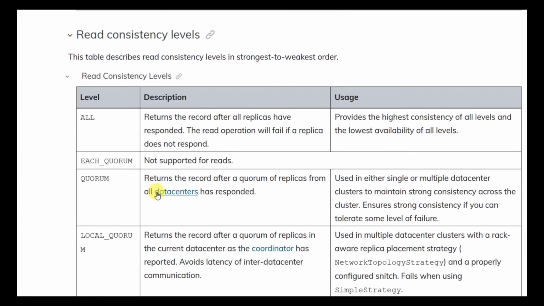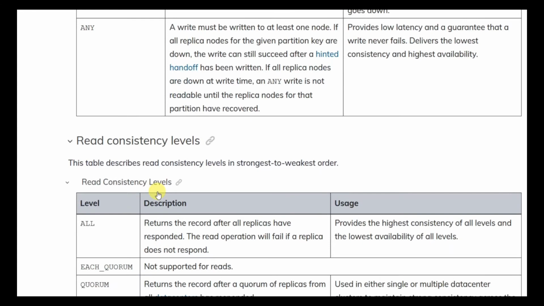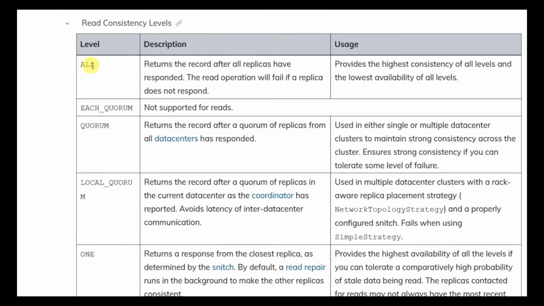So the advantage with this is when you are doing a consistent read, let's say, you try with all and it fails, and then you try the same transaction again with quorum, it fails, then you can try with local quorum. Since Cassandra provides the ability to configure your transaction, we can downgrade the transaction consistency level in a single transaction and we can try them, right?